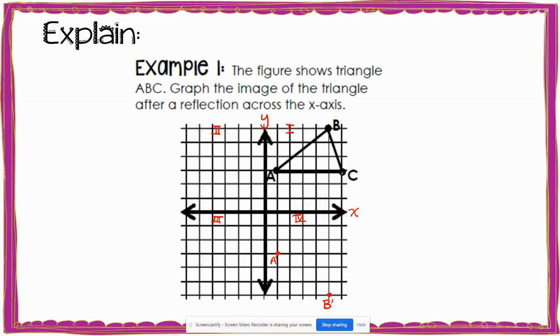For C, to get to my x-axis, I would move down 1, 2, 3. So for C prime, I continue to move down 1, 2, 3, and here is C prime. So when I connect these points, my triangle ends up looking like this. So I have a congruent figure, but you notice that the triangle has been flipped.